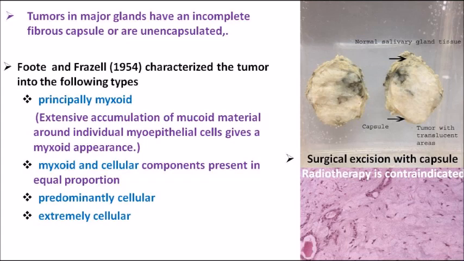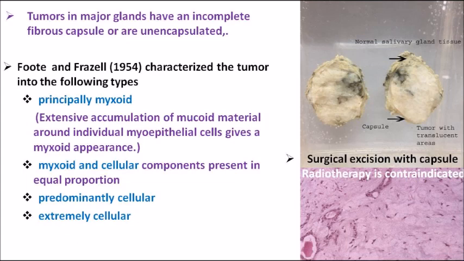Secondly, if it contains both myxoid and cellular components, it is the mixed type. The third is predominantly cellular: the myxoid part is very less and the cellular portion is more. The fourth: the myxoid part is negligible and the cellular part is extremely high, the extremely cellular variety.